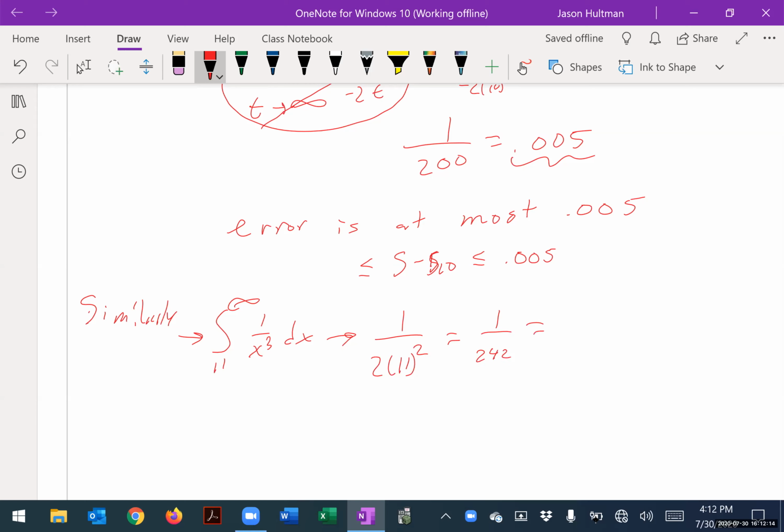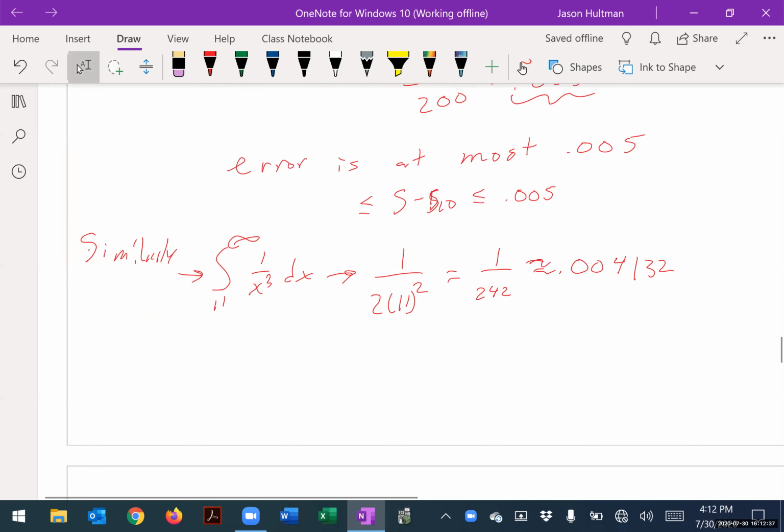So what's 1 over 242 real quick? It's about 0.004132.